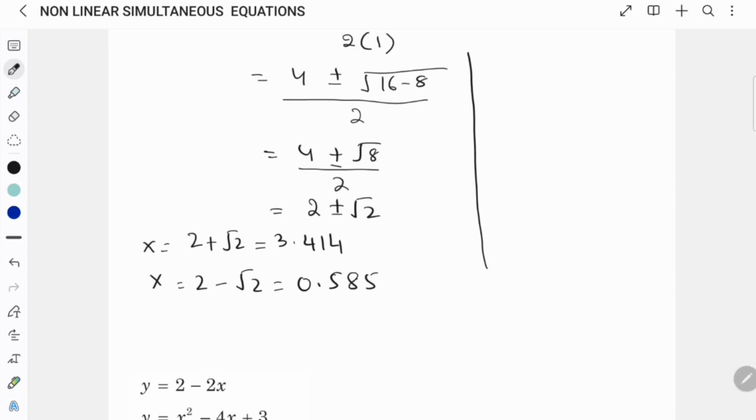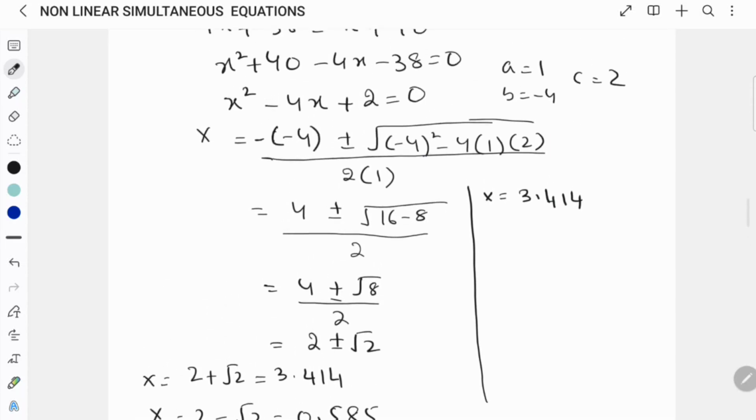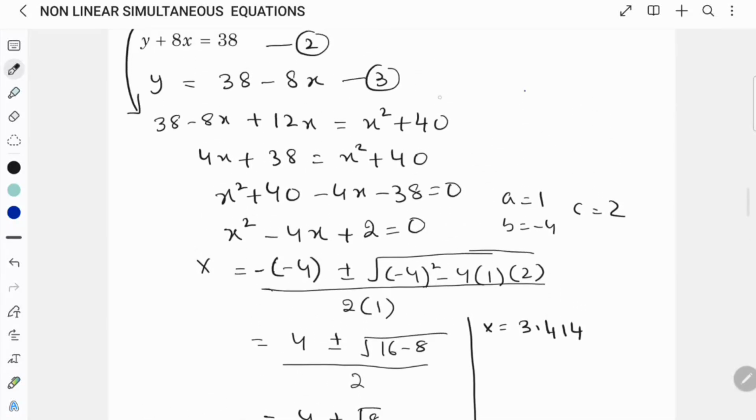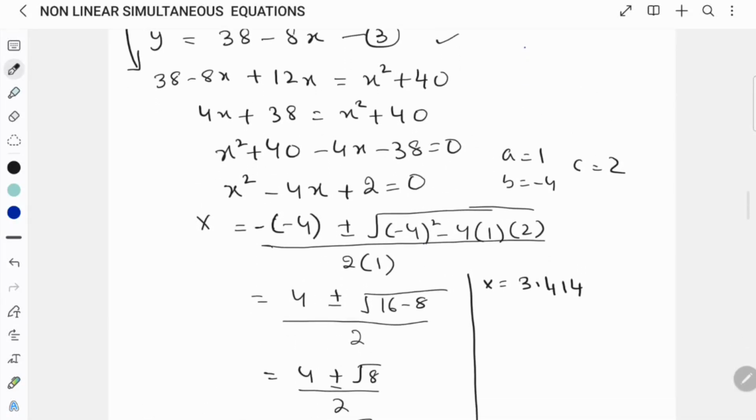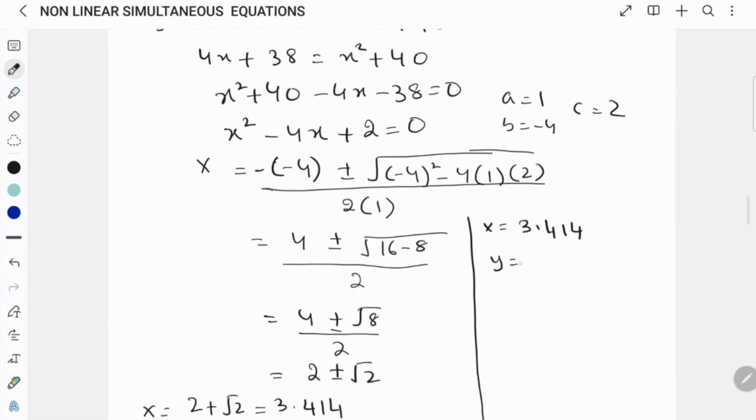What are we going to do? We are finding the values for y. Okay, so when x equals 3.414, what happens? You have to put it into the third equation, y equals 38 minus 8x.